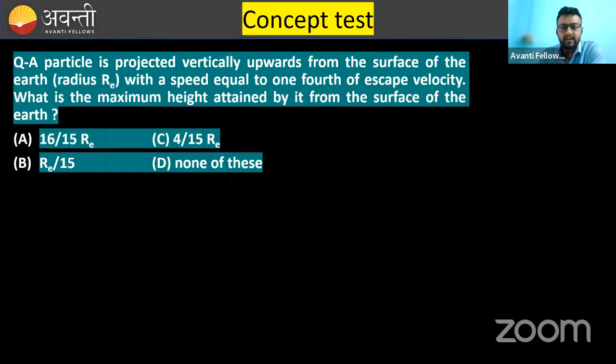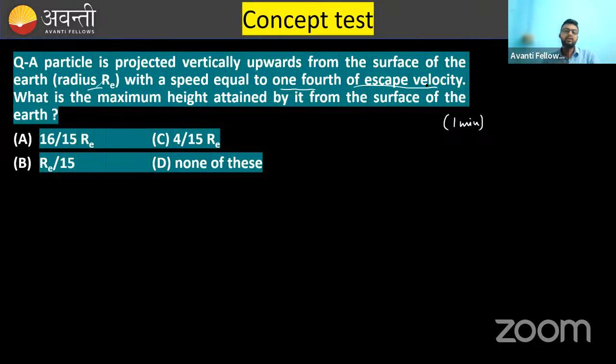Okay. Take 1 minute of time in solving the question. The question is on your screen. And nobody is participating in solving the question. That's not very cool. The question says a particle is projected vertically upward from the surface of the Earth, which has a radius RE, with a speed equal to 1/4 of the escape velocity.